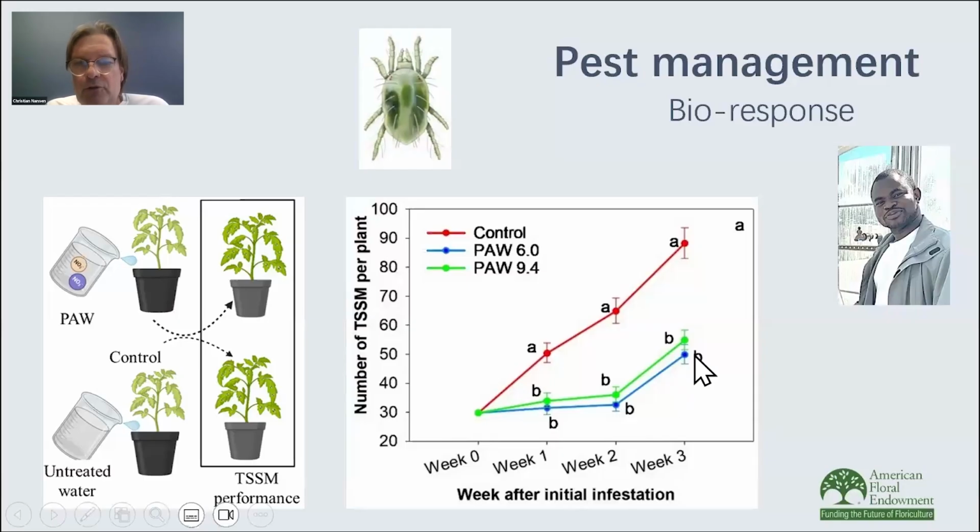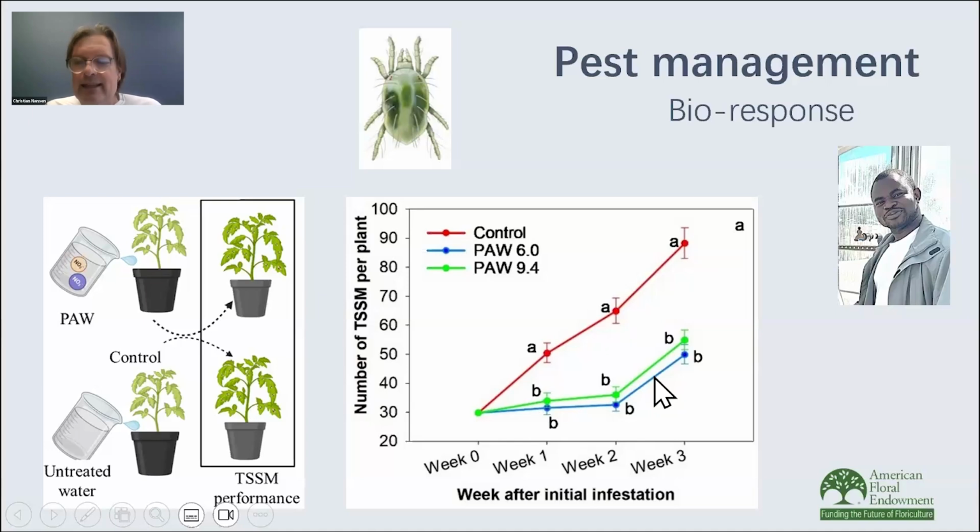If we follow them for 3 weeks, we can see that the population growth on the PAW treated plants reaches an average of maybe 55 or somewhere in the 50s, while on the control plants it was twice as high. So the development rate of these mite populations was much faster and much higher on the control plants.